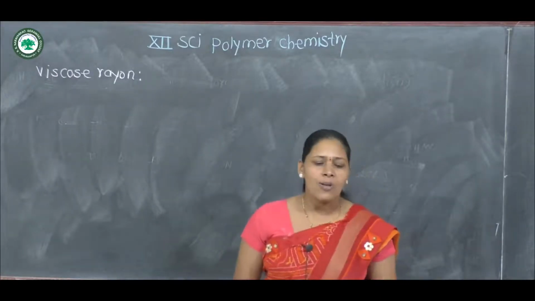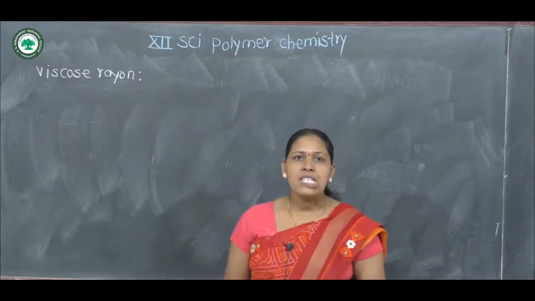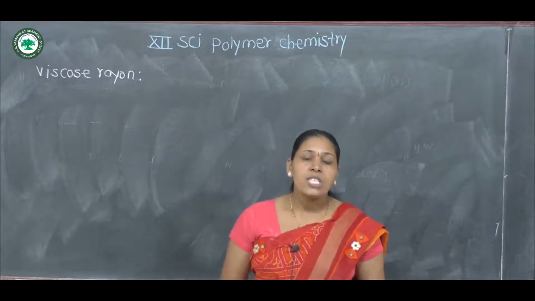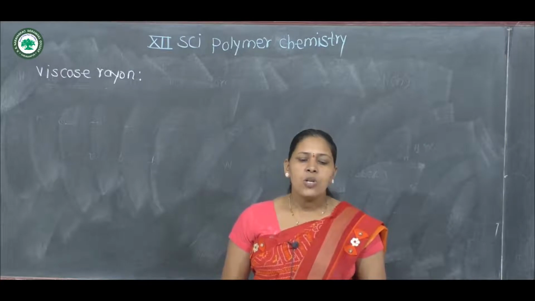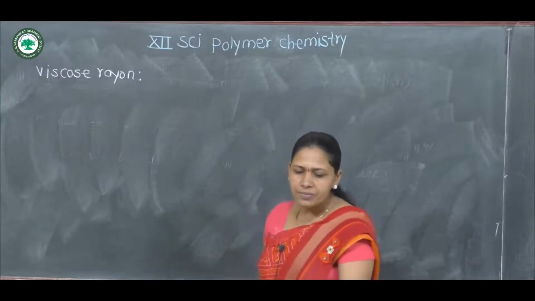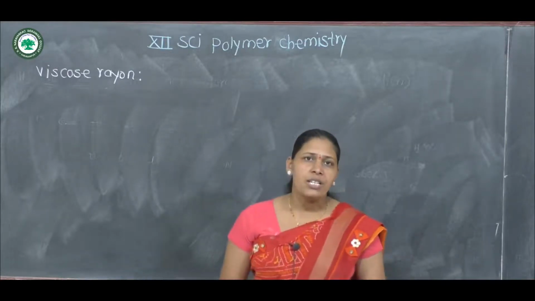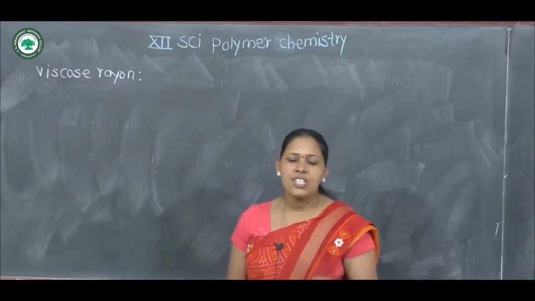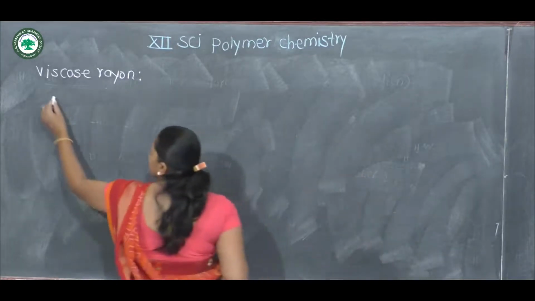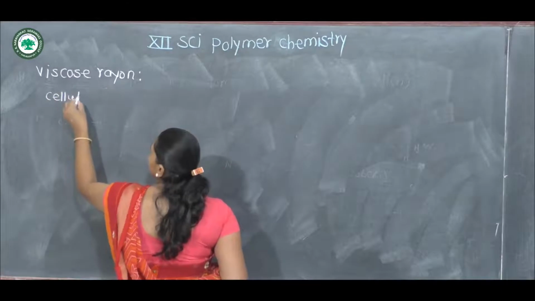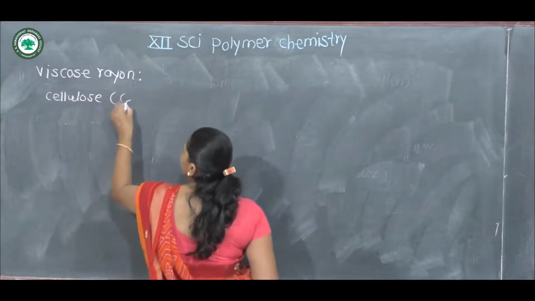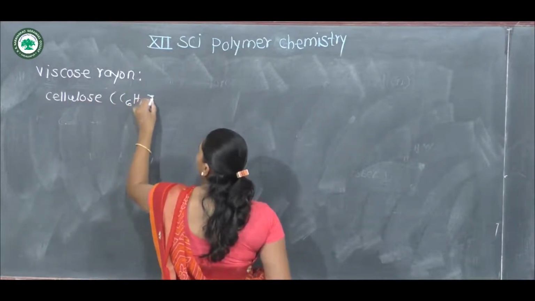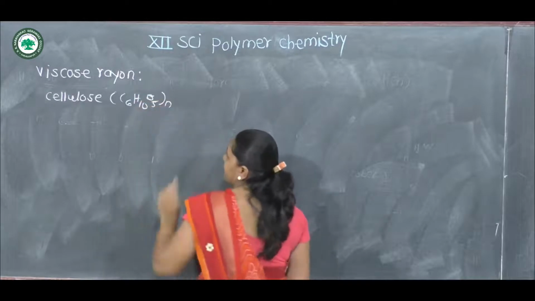Cellulose in the form of wood pulp is transformed into viscose rayon. Cellulose is a linear polymer of glucose units having molecular formula C6H10O5, repeated N times.